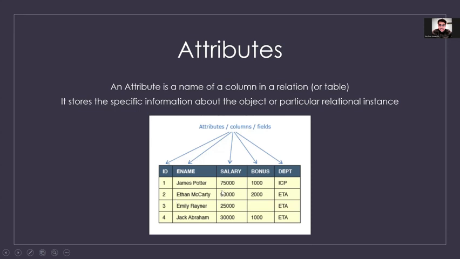So we can assign different attributes for a single instance, and collectively we represent them in the form of a table. If the table name is employee, it contains various attributes named ID, name, salary, bonus, and department, and for each object there are attributes related to it. This is an example of attributes.